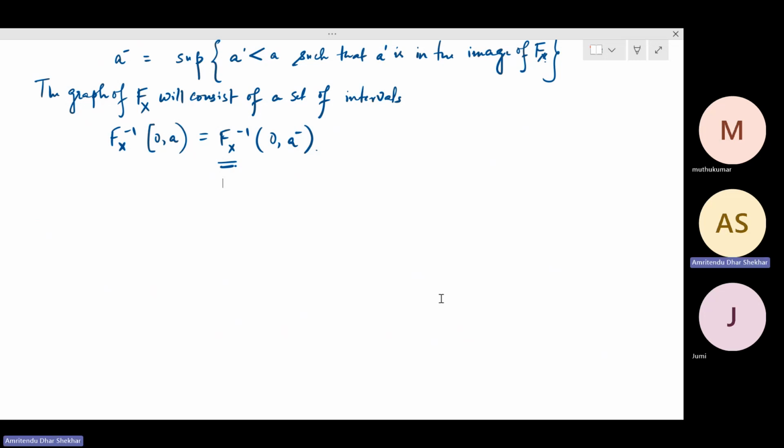So the CDF can have discontinuities at most a countable number of points.